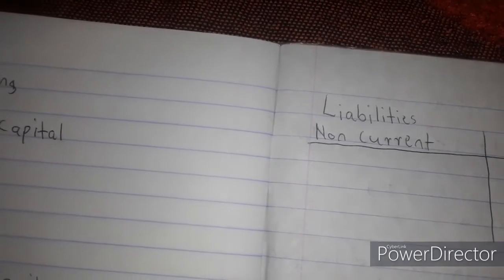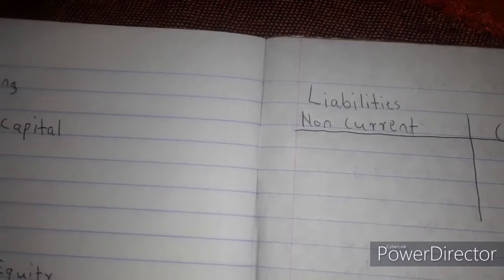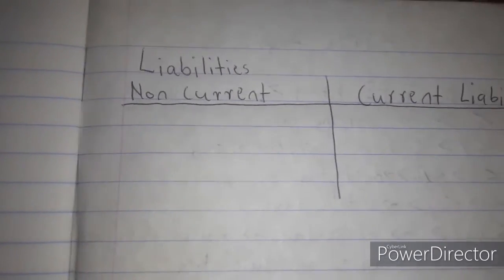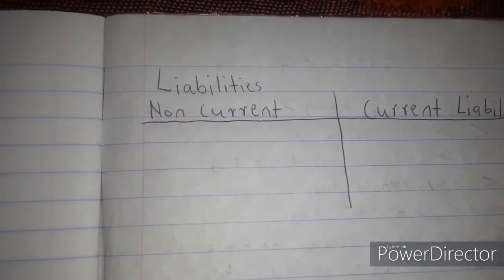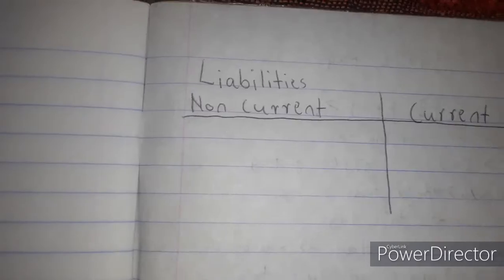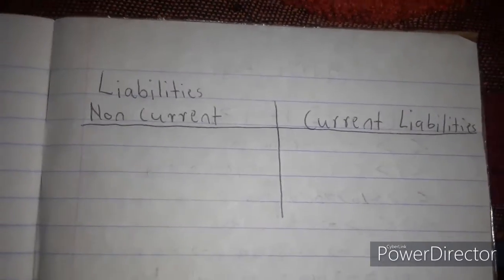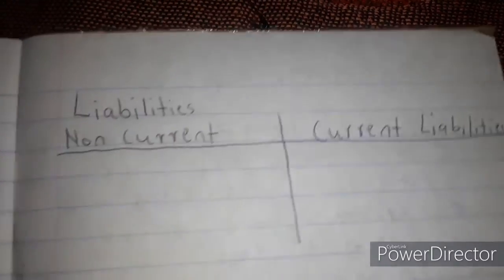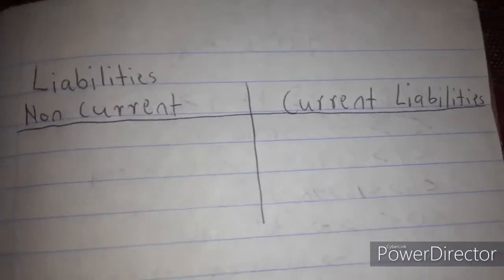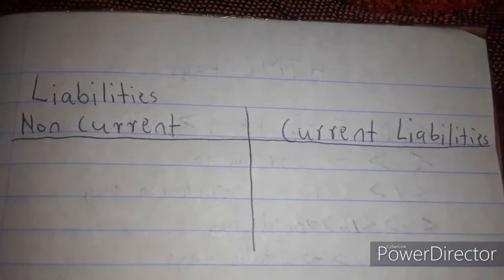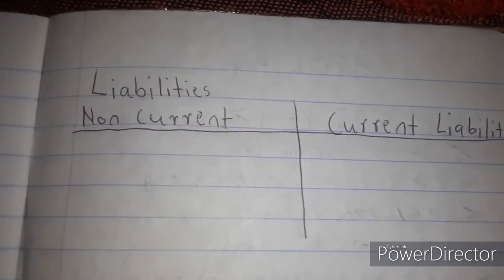So you cannot recover the non-current liabilities over a period that is less than a year. Then the current liabilities, obviously, are those amounts that a business owes, but they take less than a year to recover or to pay them.